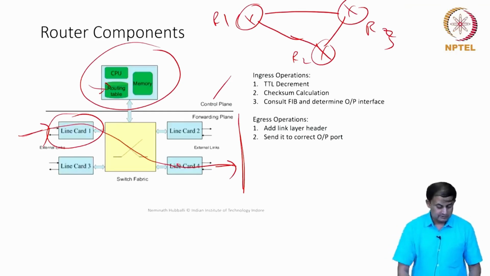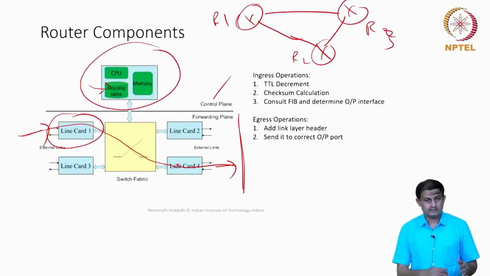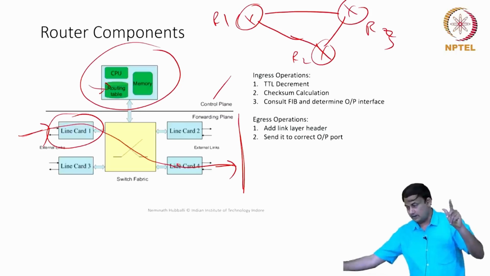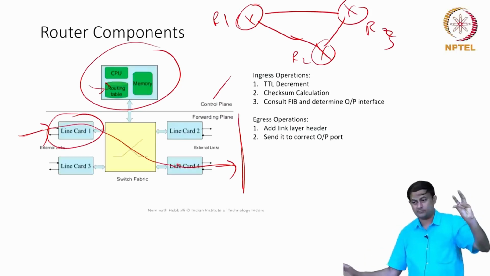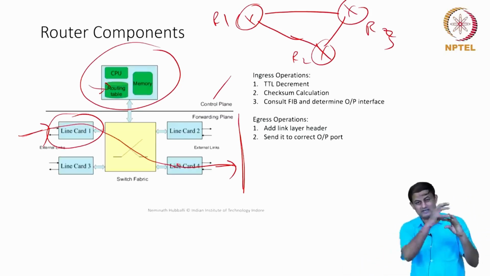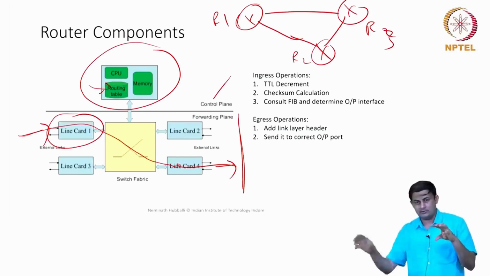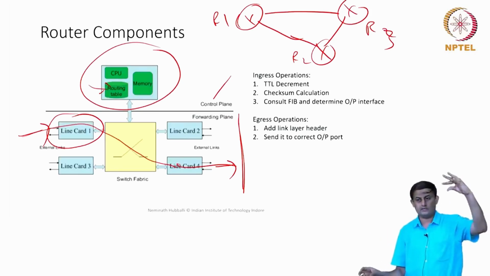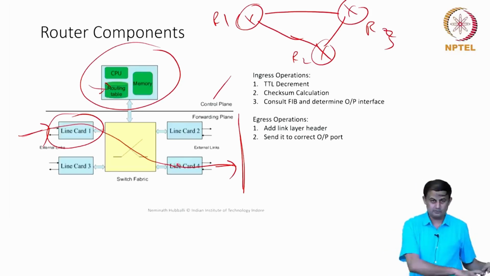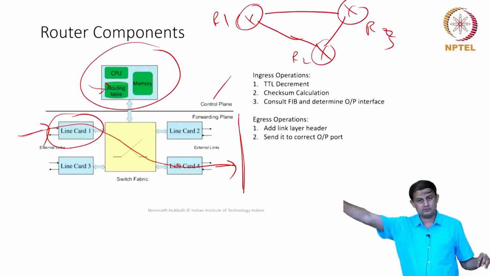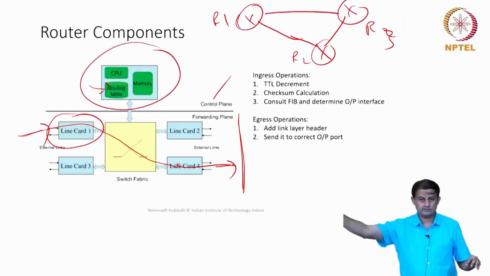So the switch fabric allows you to connect from an incoming interface to an outgoing interface. It establishes a link. If I want to go to line card number 10 from input line card number 1, how do I go there? And if I want to go from input line card number 3 to output line card number 4, how do I actually go there?